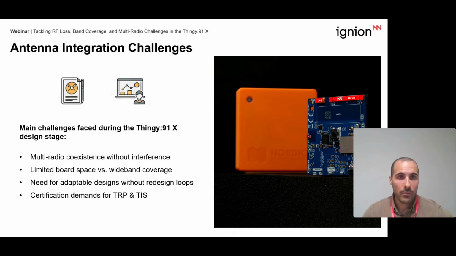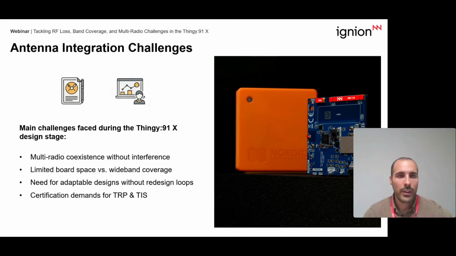And finally, related to the time to market, this one is influenced by regulatory and performance compliance. So certification demands for TRP and TIS have become a critical step, as they ensure the device meets required standards for total radiated power and total isotropic sensitivity. This is essential for global deployment.